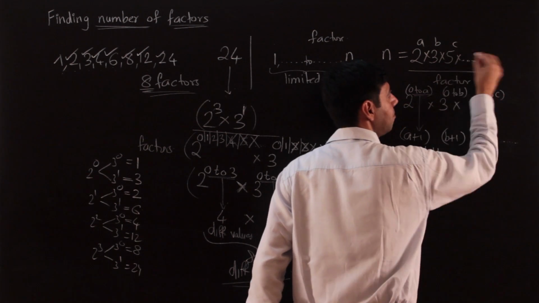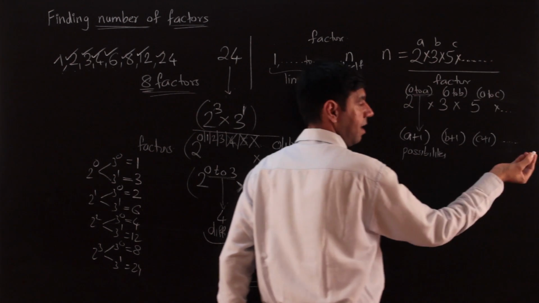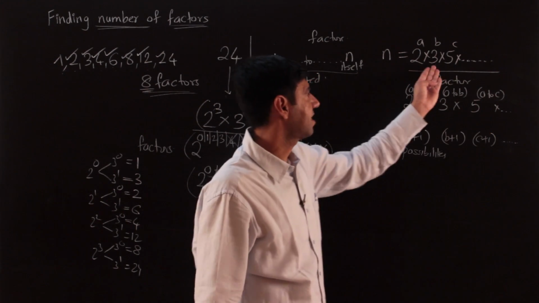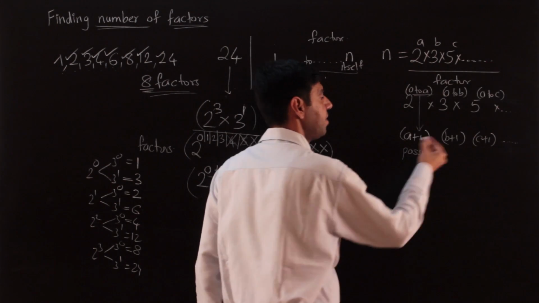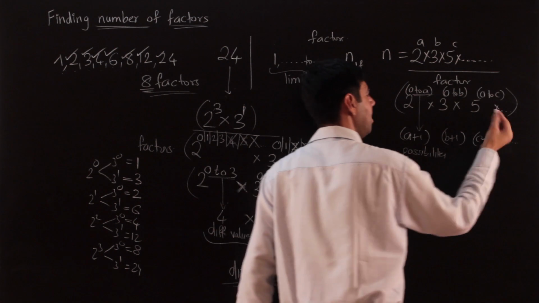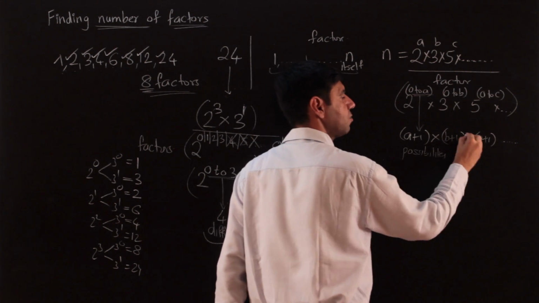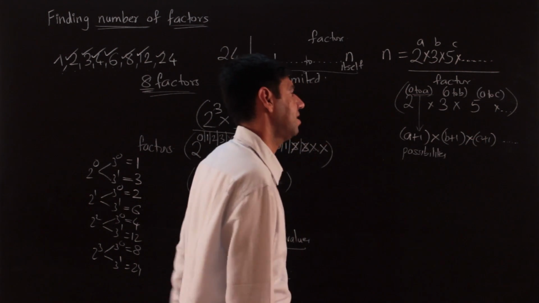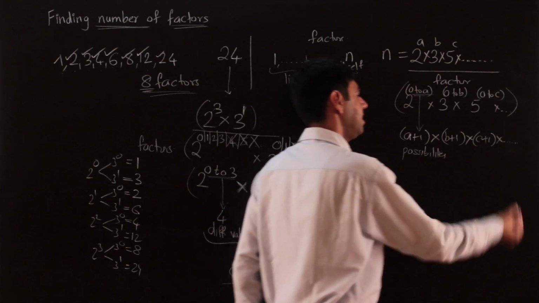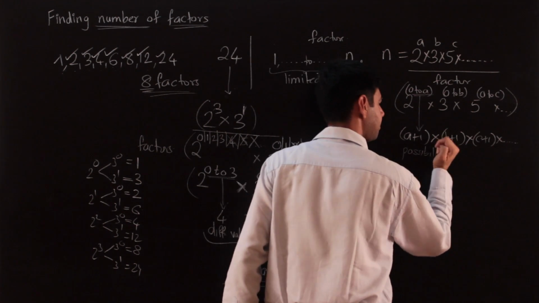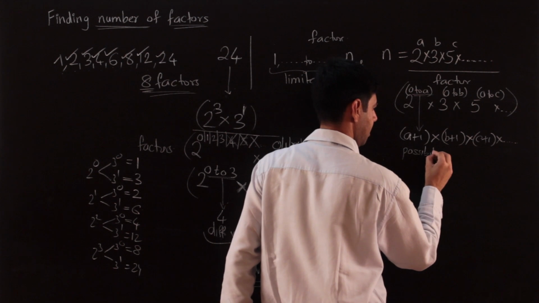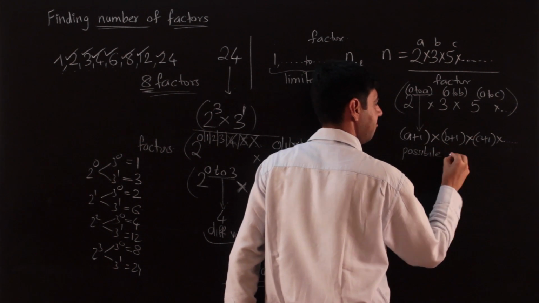And so on. There could be more numbers also, right? Depending upon how many prime factors the original number had. So the total possible values for the factors is a plus 1 into b plus 1 into c plus 1 and so on. These many different possible factors.